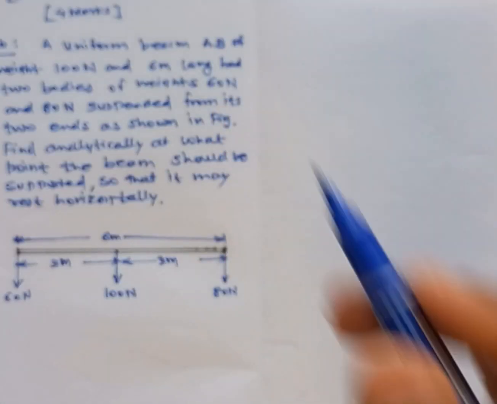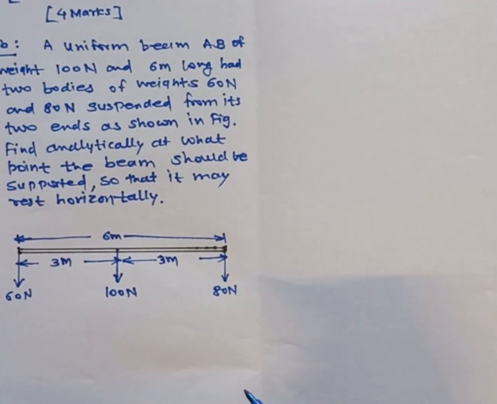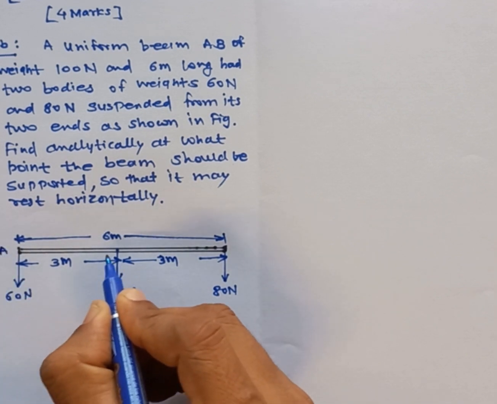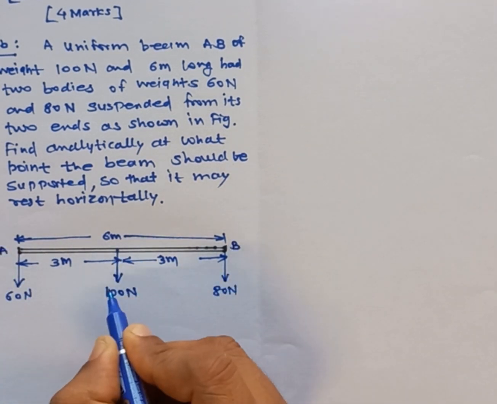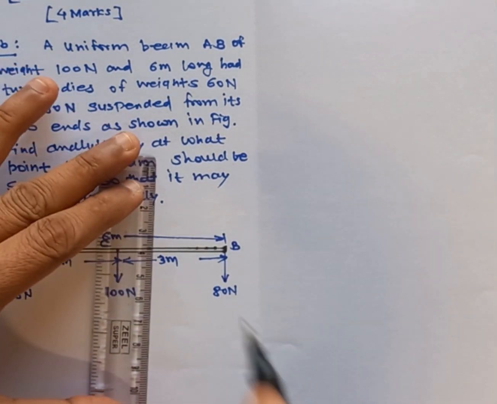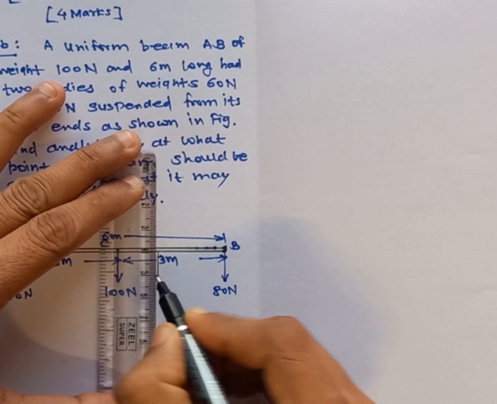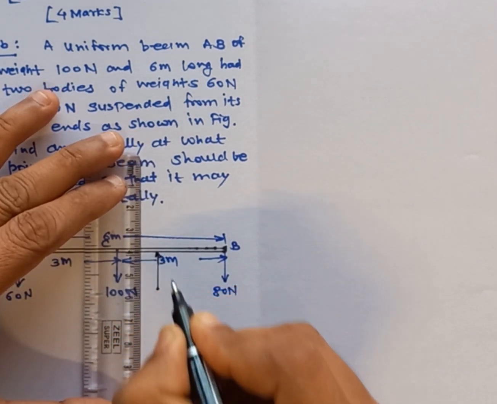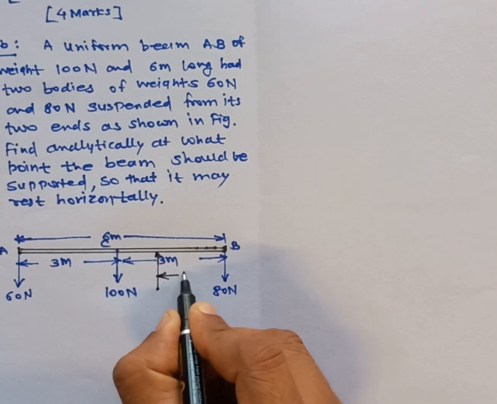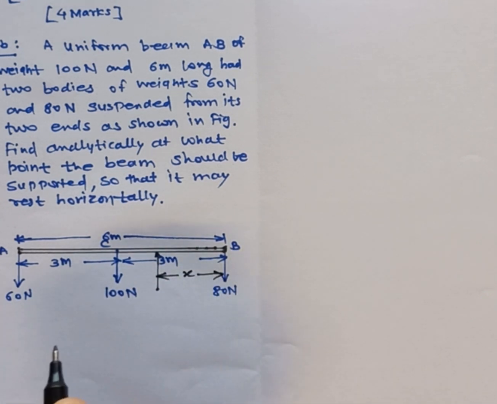It is given in the diagram also, no need to worry. This is point A, this is B, this is point C, and they have shown a force in the upward direction, right? And this is what we have to find, and we have to locate it in the diagram.